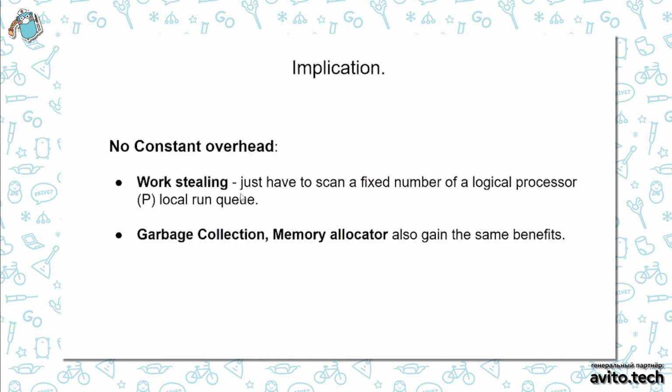So now that we have a fixed number of P, we will be scanning a fixed number of local run queues during work stealing as well as during garbage collection, memory allocation, etc. So we don't have any constant overhead.